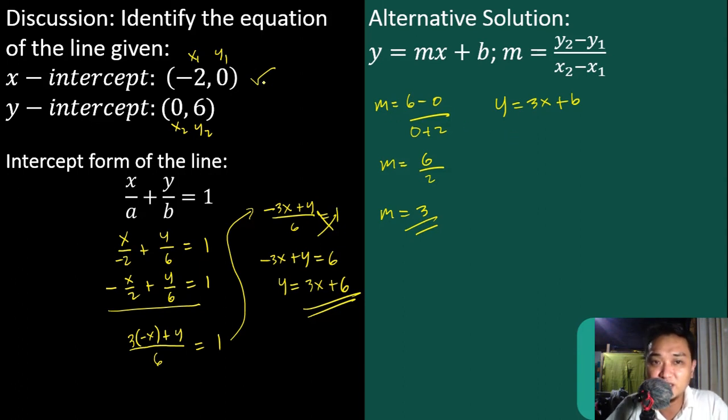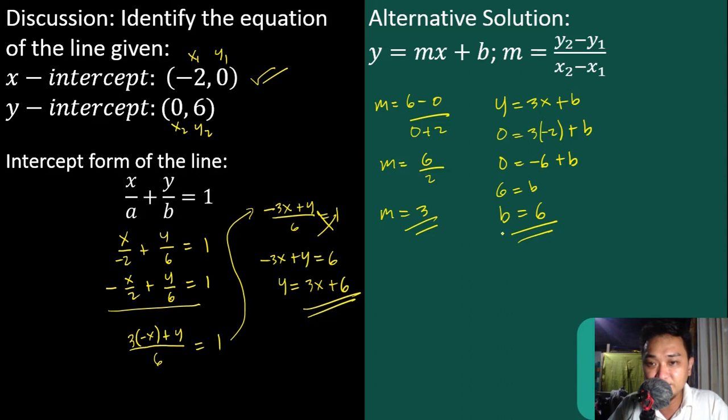Ito yung gagamitin natin. So the value of y there is 0. Value of x is negative 2 plus b. We have 0 is equivalent to 3 times negative 2, that is negative 6 plus b. Transpose negative 6, that becomes 6 is equivalent to b, or b is equivalent to 6.